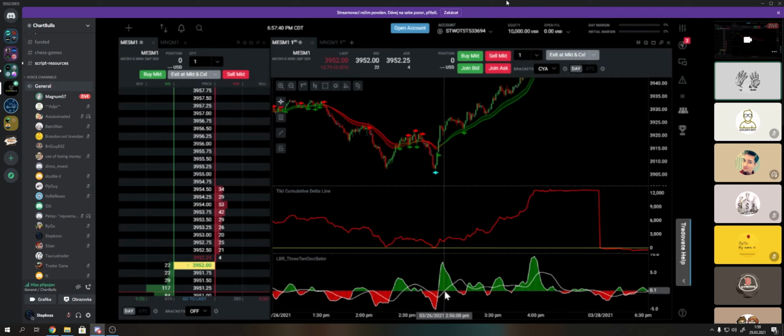Gotcha, okay, I see what you're saying. So that would be the entry, where it goes from red to green, and then once that goes in there, that gives you confluence that there's strength in the trend. Yeah. And you don't look to exit the trend until that white line goes back below zero, way over there.